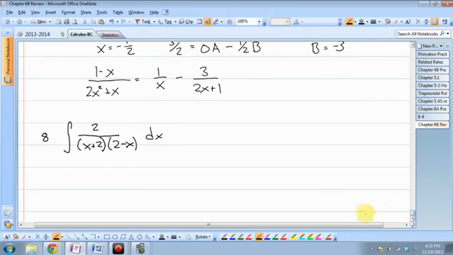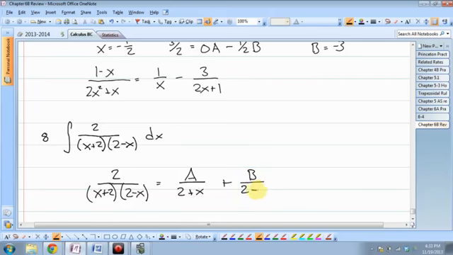Let's get our decomposition first. 2 over x plus 2, 2 minus x is equal to a over 2 plus x plus b over 2 minus x. I forgot to explicitly tell you to check that the degree of the numerator is smaller, but we all know it is, right? Yeah.